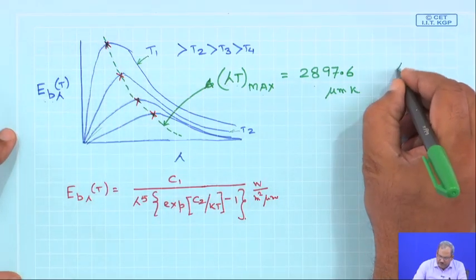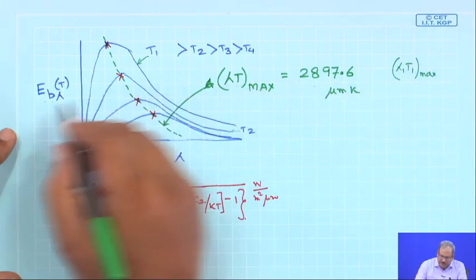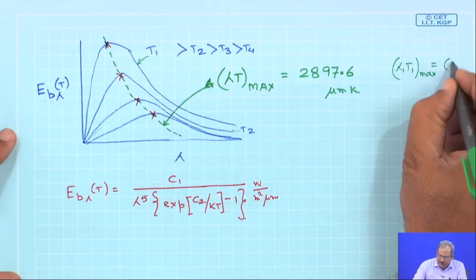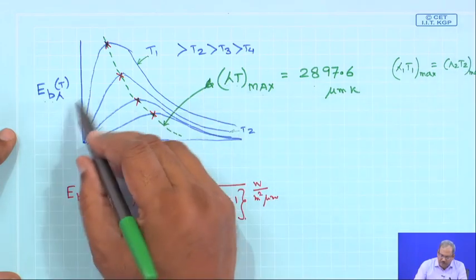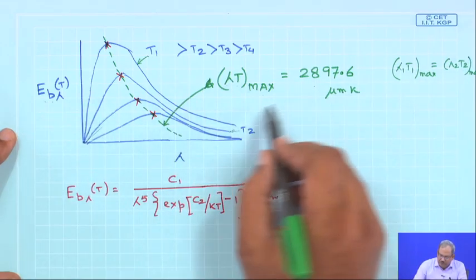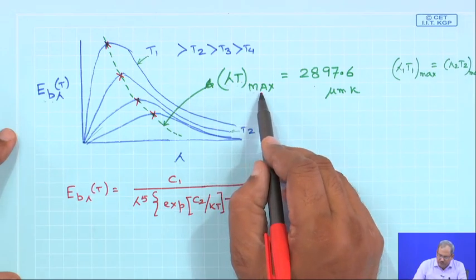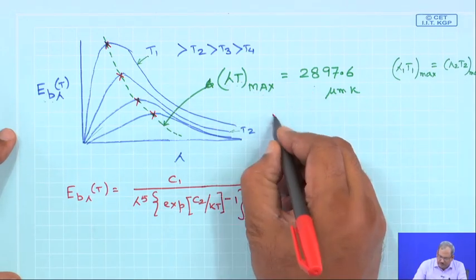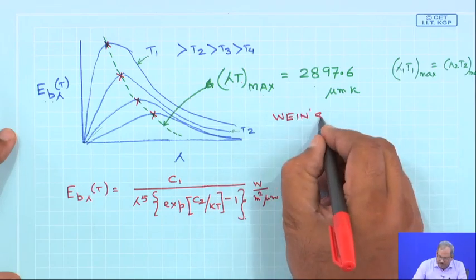So, essentially it would tell you that lambda 1 T1 corresponding to the maximum must be equal to lambda 2 times T2 corresponding to the maximum of E_b and so on, and this relation that lambda T corresponding to maximum E_b lambda T is a constant is known as Wien's displacement law.